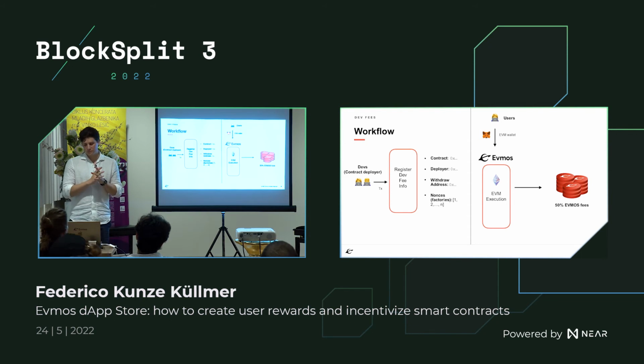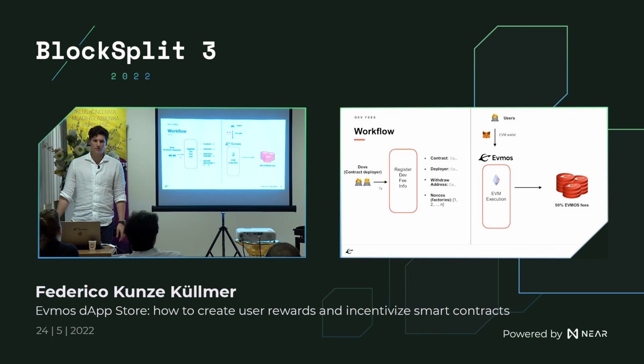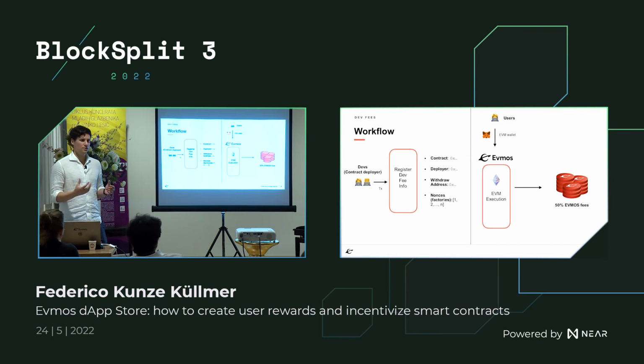And then, when users interact through an EVM wallet like MetaMask with Evmos, in particular with the contract address that you define here, it is going to execute the transaction on the EVM, and after the transaction is successful, you're going to be receiving 50% of the fees in Evmos. So that is how it's working at a lower level.